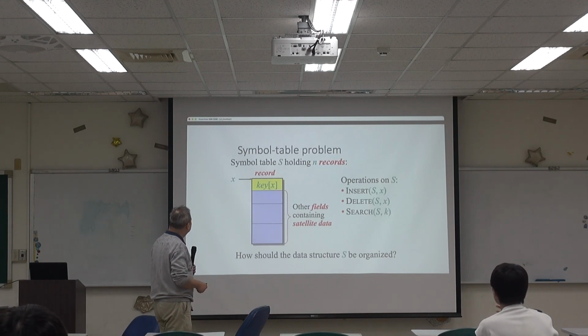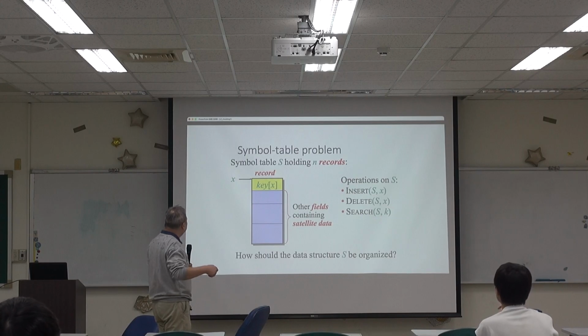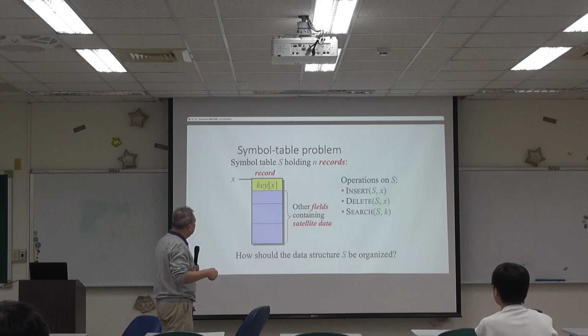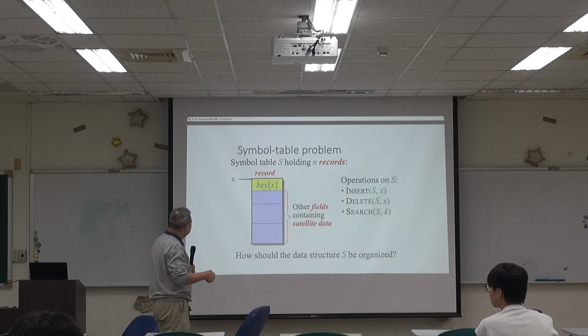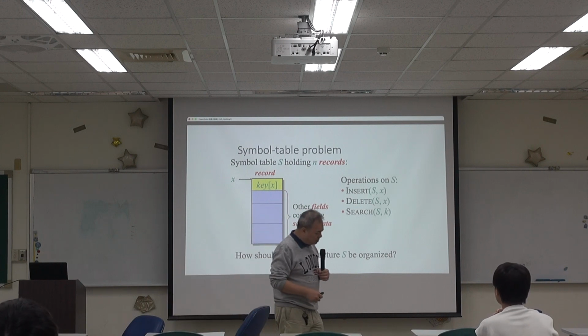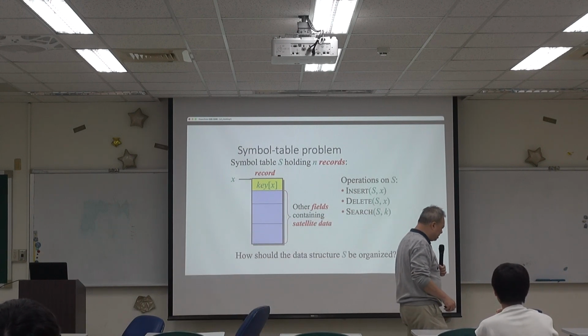So what is hashing? Say you have a symbol table. We call the symbol table S, which holds n records. Each record looks like this. You have a key, which is what we want to use to access this record.